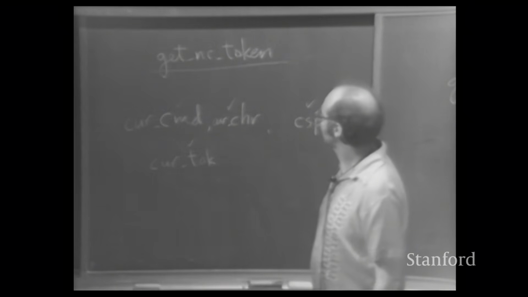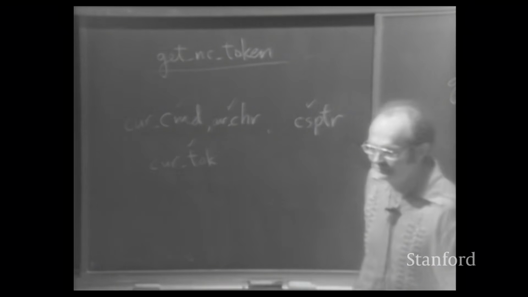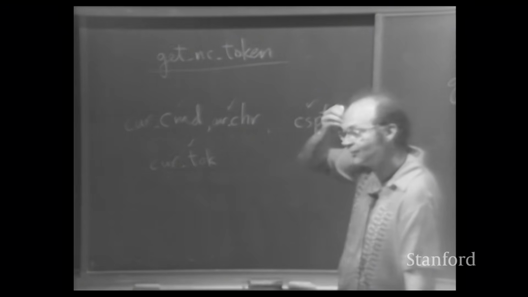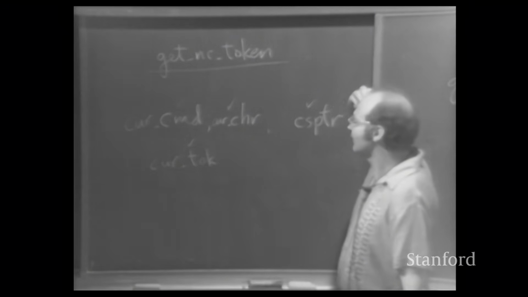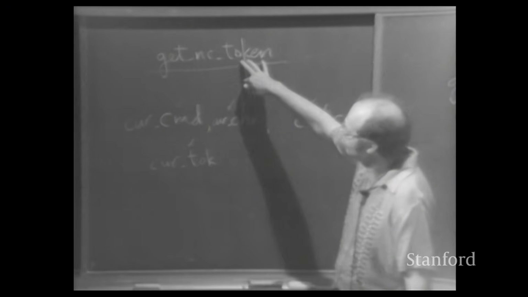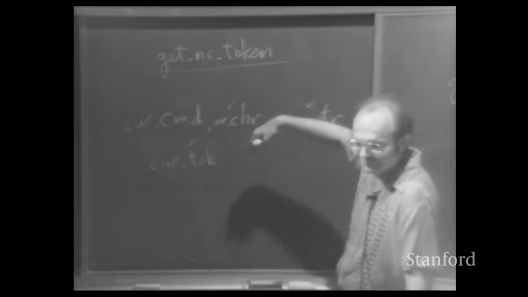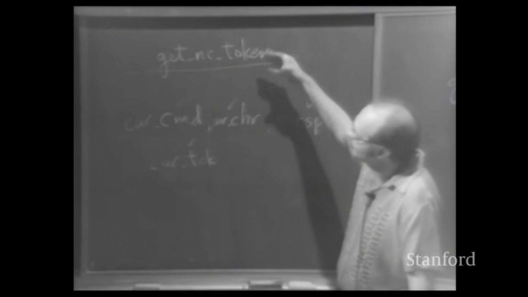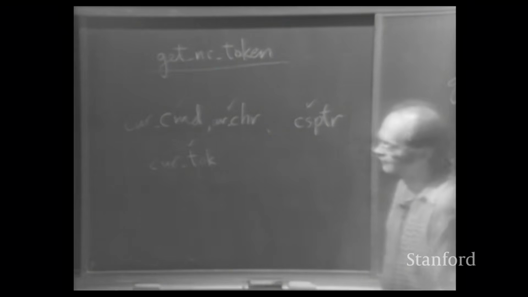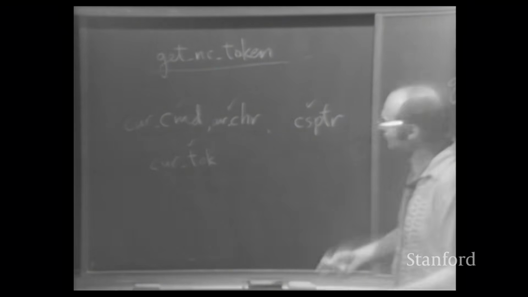If the next token is an undefined control sequence, get NC token issues the error message saying undefined control sequence, because this is where it would not let it get through. When you call get NC token, you don't have to check afterwards that the thing was an undefined control sequence. Get NC token will already remove all undefined control sequences and get the next thing that's really legitimate.